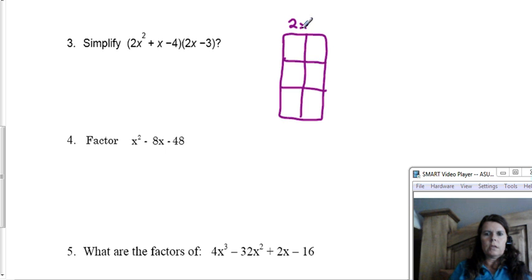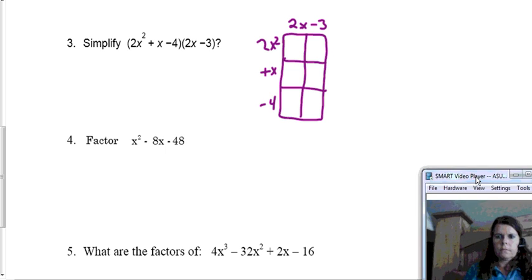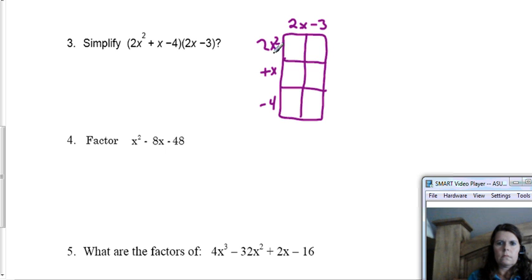If you like to use the box, it would look like this. And then you just multiply, multiply, multiply, and then add them all up.